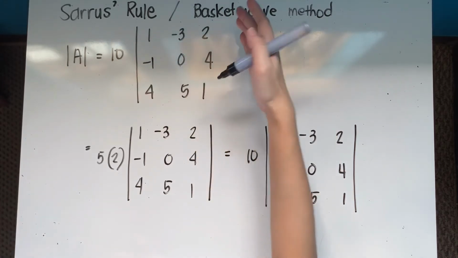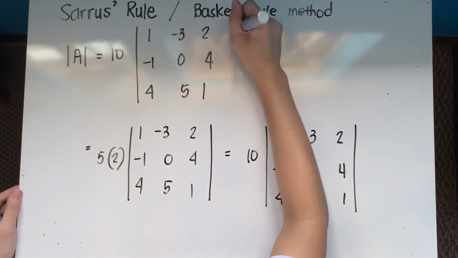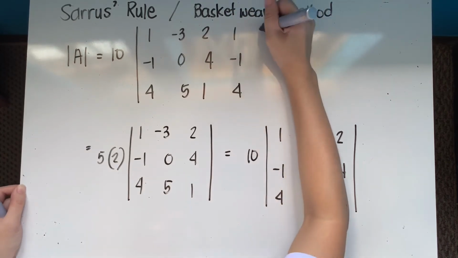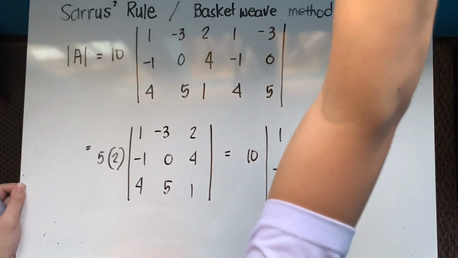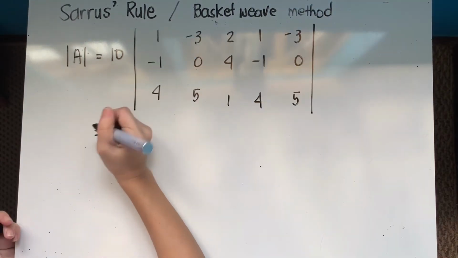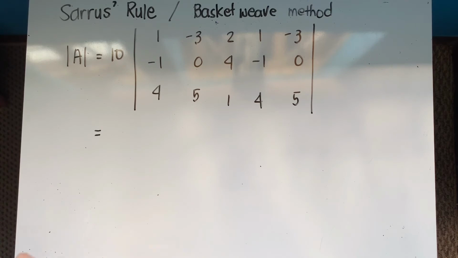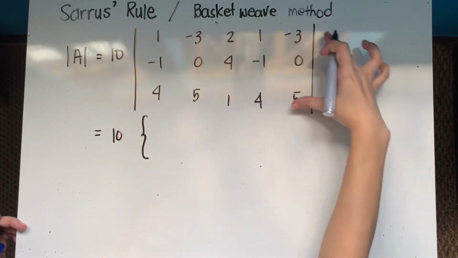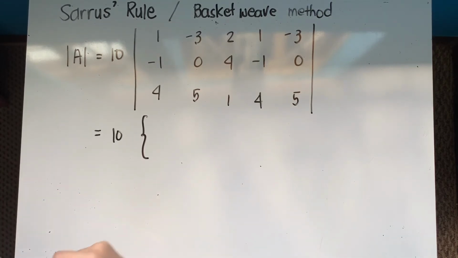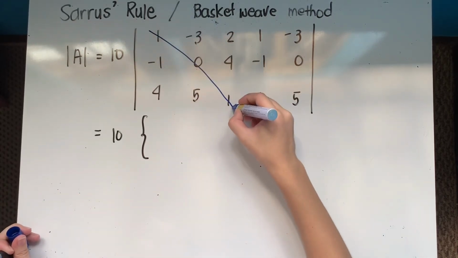And then after this, copy the first two columns, 1, negative 1, 4, and negative 3, 0, 5. And then proceed with the basket weave method, diagonal multiplications. So we will have 10 multiplied to all our answer. So, ano yun? Let's start with the downward diagonals.